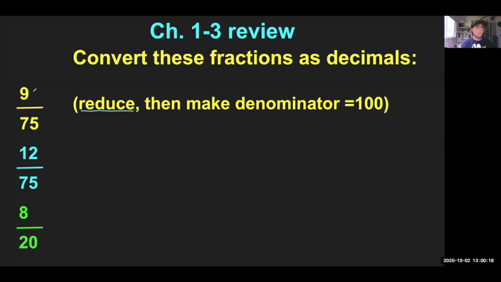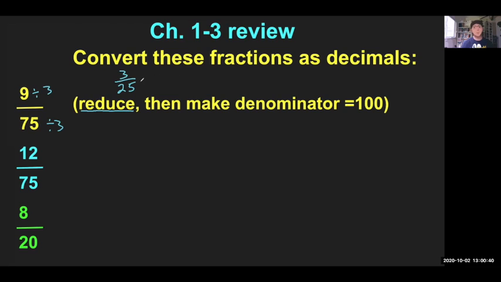So here I can divide both sides by what? By 3, right? Divide by 3, divide by 3. Well, 9 divided by 3 is 3. 75 divided by 3 is 25. So now, this is still not a decimal, right? So now I have to turn 3 over 25 into a decimal.